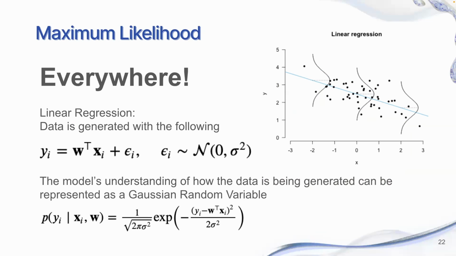Let's say just the case for a linear regression model, right? You have a trained model, and your model just says, I believe this data is being generated as y_i equals w x, right? That's what you learn. For now, just ignore the epsilon term at the end.